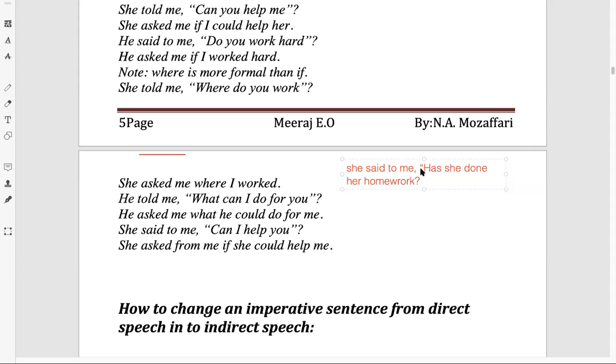She said to me, has she done her homework? Can you change it to indirect speech?